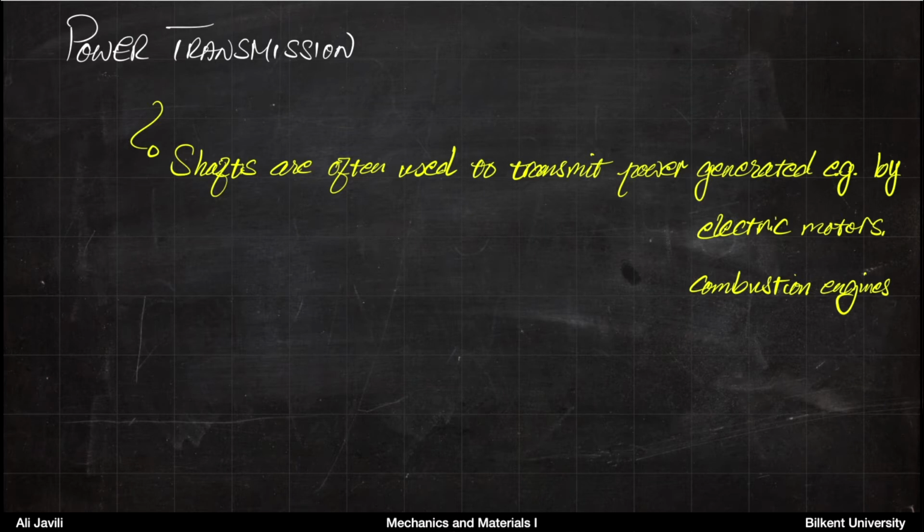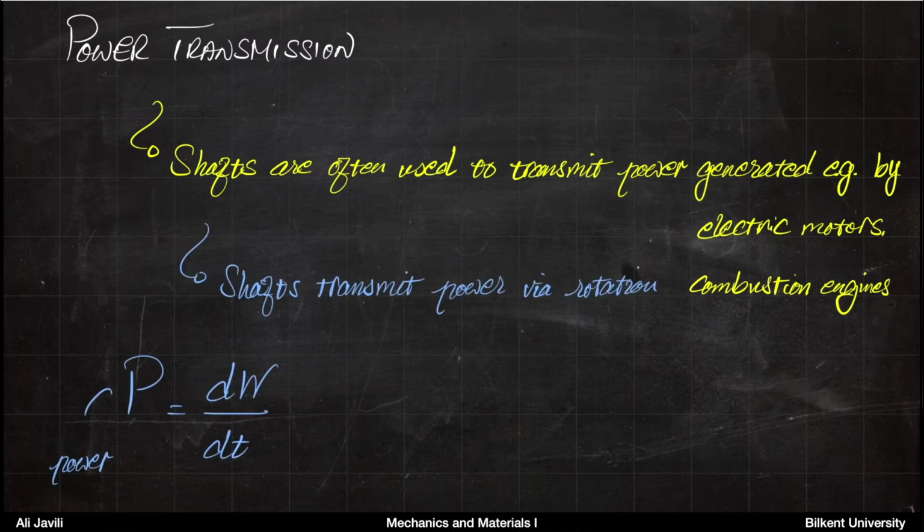Now the power could be generated by electric motors or combustion engines and others, but the idea is that we want to design shafts. So we need to learn also how to convert power to something like torque so that we can later use it for shaft design.